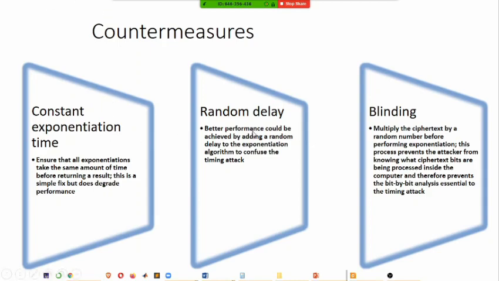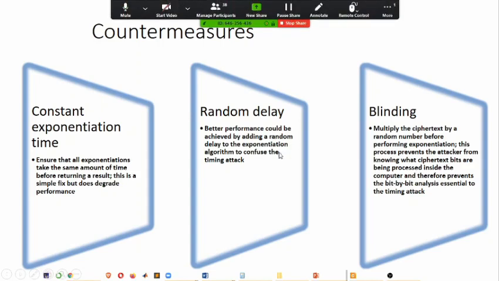A second method is you can go ahead and purposefully introduce some form of random delay. So even after computing 88 to the power 23, you don't give the result immediately, you wait a random time before giving the result. So the person trying the timing attack will observe totally different times. That will give you a little bit of security.